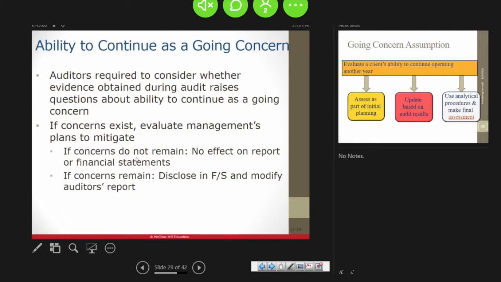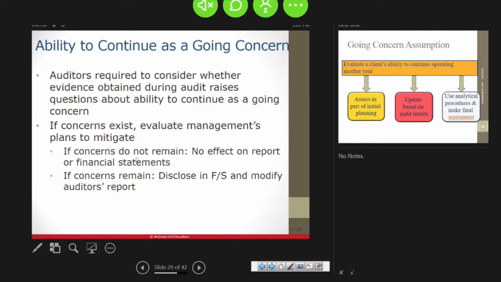And so the auditor evaluates the evidence, and if the concerns do not remain, then there's no impact on the financial statements, on the auditor's report. However, if the auditor continues to have concerns, then they're going to be required to disclose that back in the audit opinion.